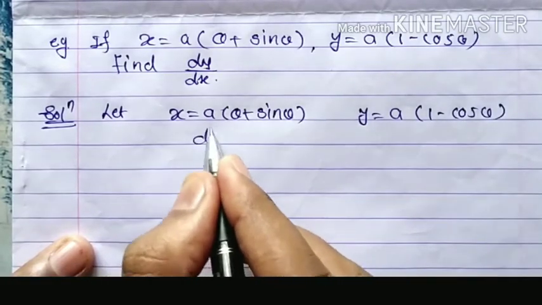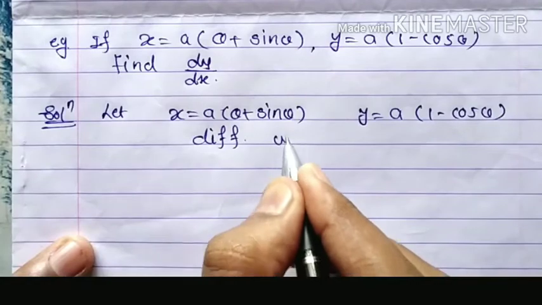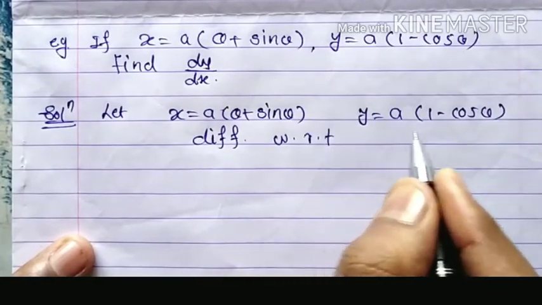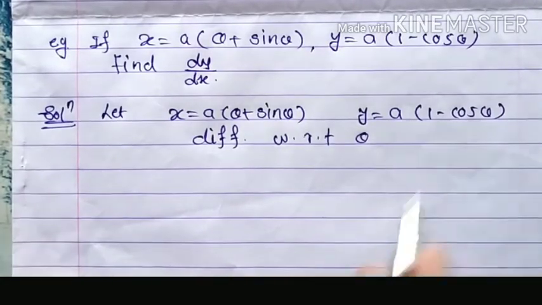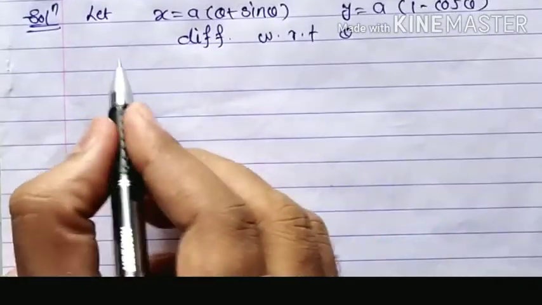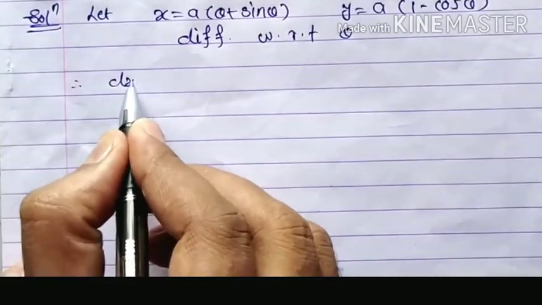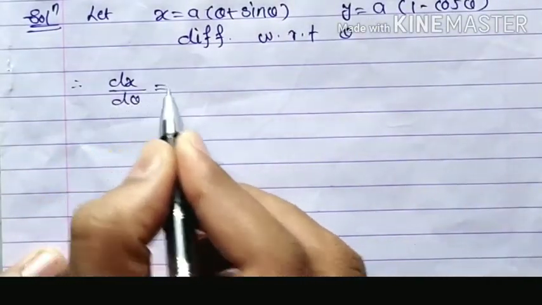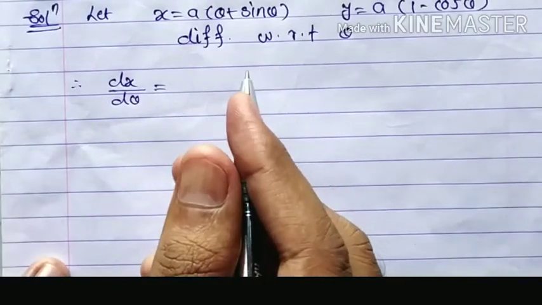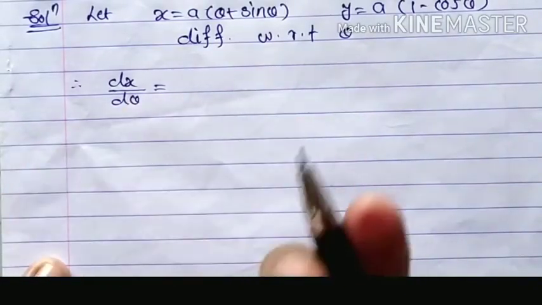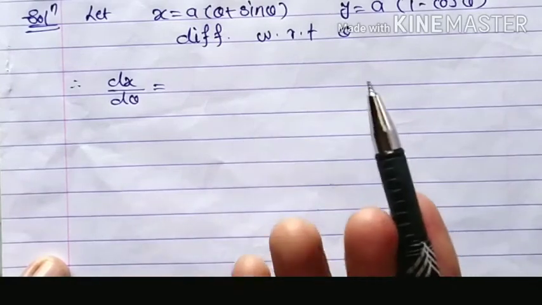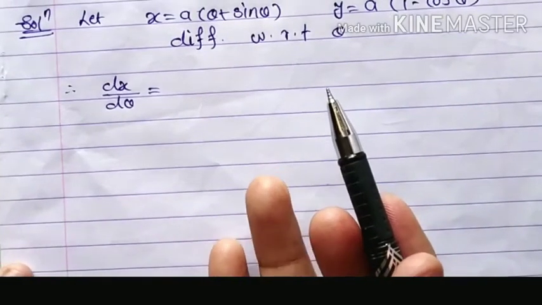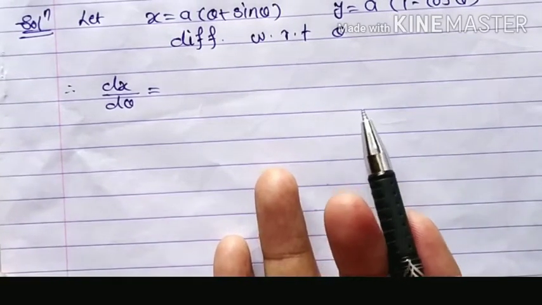We differentiate this with respect to theta, as theta is the parameter, so this side becomes dx by d theta. Just as the derivative of sin x with respect to x is cos x, sin theta with respect to theta is cos theta. Similarly, x with respect to x is 1, theta with respect to theta is 1.